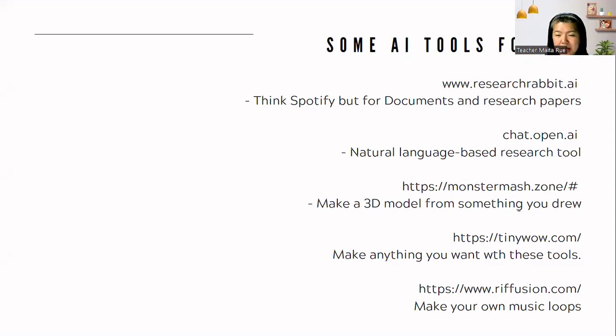So that's researchrabbit.ai. And then the one that I showed you is ChatGPT. This is the site chat.openai.com. It's a natural language-based research tool. It was supposed to be developed as a research tool, but in any kind of tool, you can use and abuse.